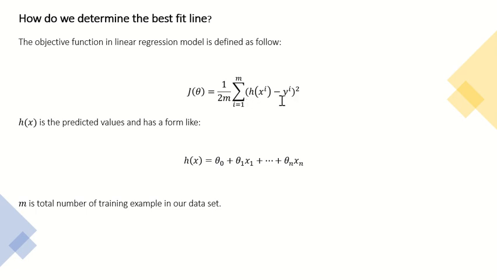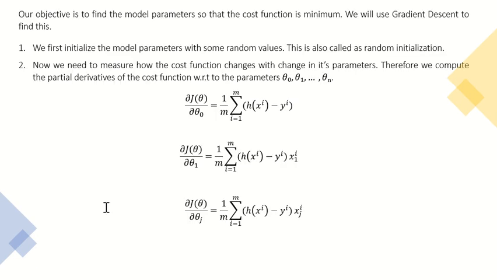This is actually the error, and we want to minimize our error. And m is the size of our data set, our training set actually.